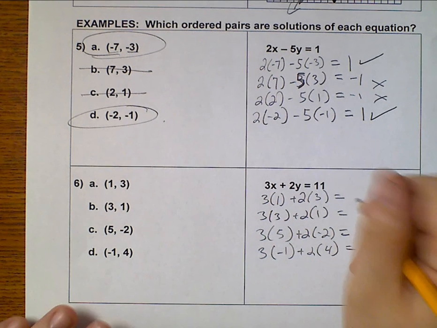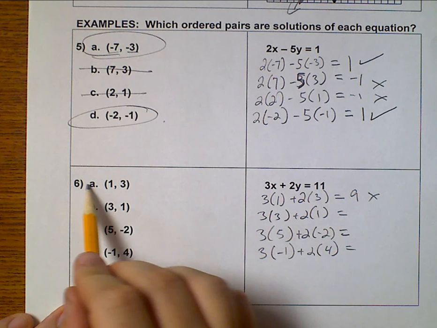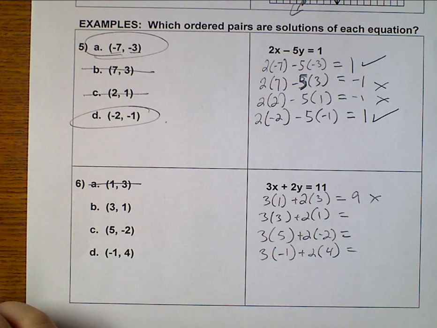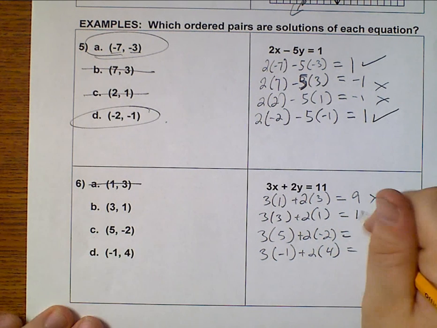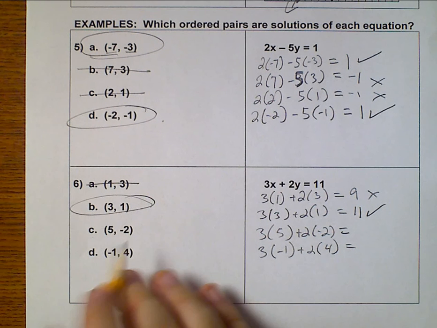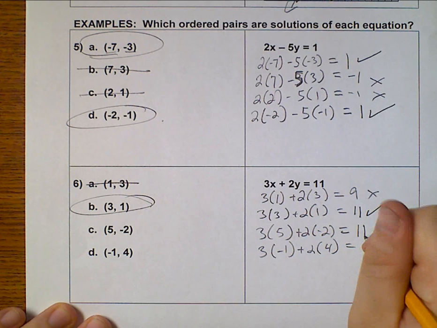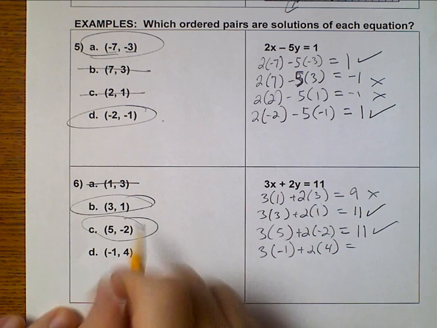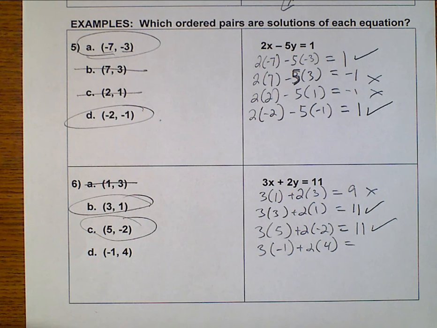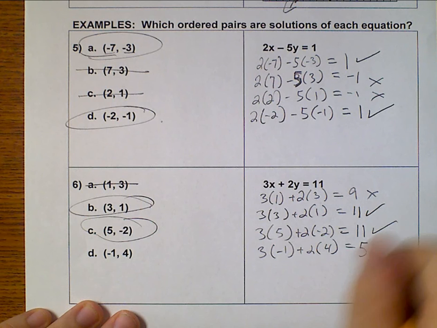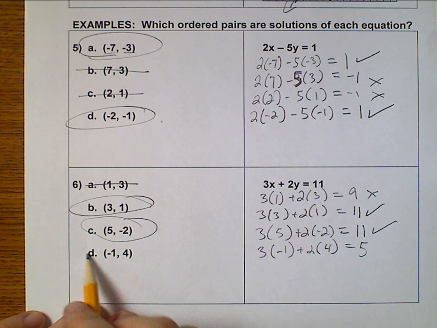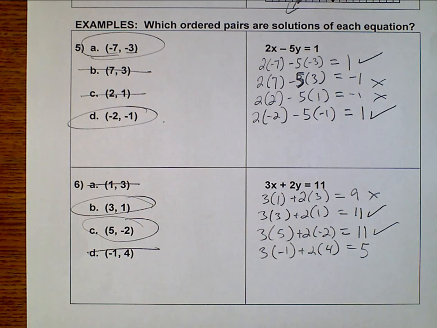That equals 9. That equals 11. That equals 11. And that equals 5. Quite simple. Can't ask for an easier problem than those two.